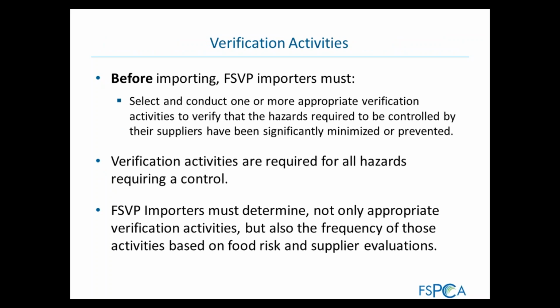Before importing, FSVP importers must select and conduct one or more appropriate verification activities for that foreign manufacturer, and those verification activities are required for all hazards requiring a control. The FSVP importer must determine not only the appropriate verification activities, but also the frequency with which you will perform those verifications.